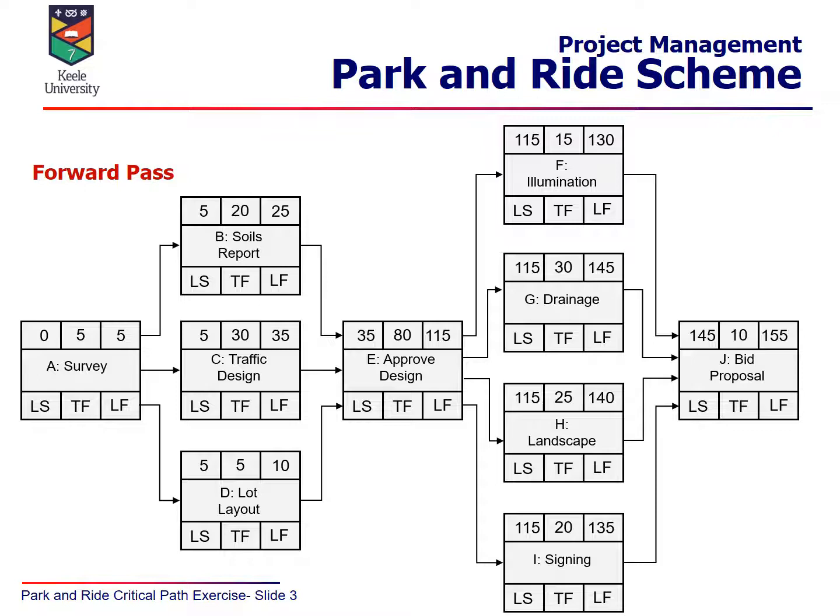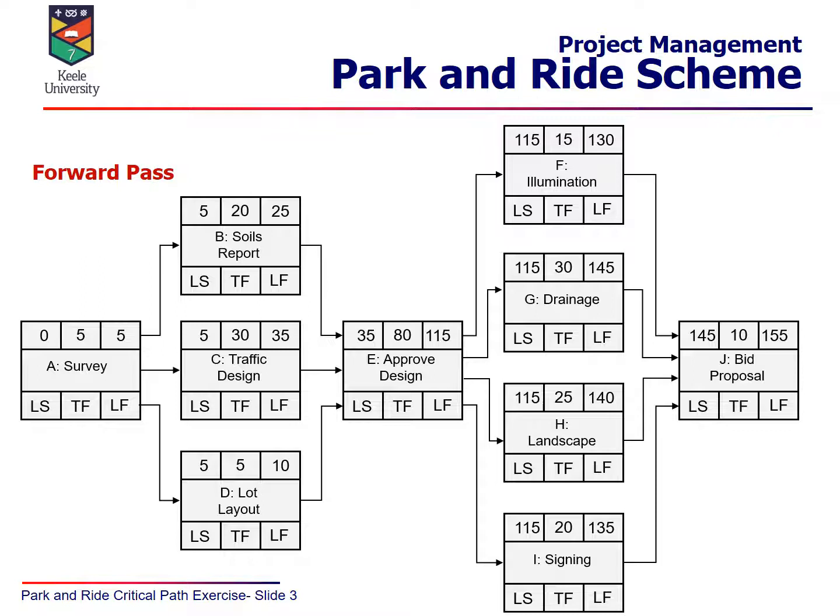So on the forward pass we take the higher value of those. So because C won't be finished until day 35, that's the earliest in which you can start the approval process for the design. The approval process takes 80 days, so the earliest finish using the expected timings for the design approval, activity E, is 115 days, or day 115.